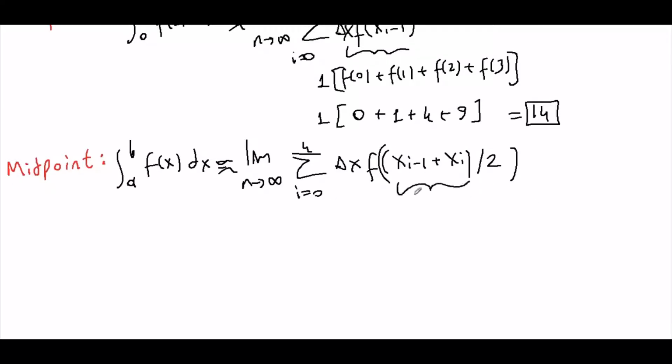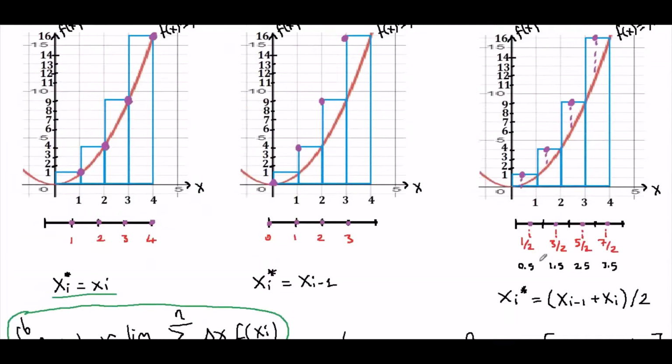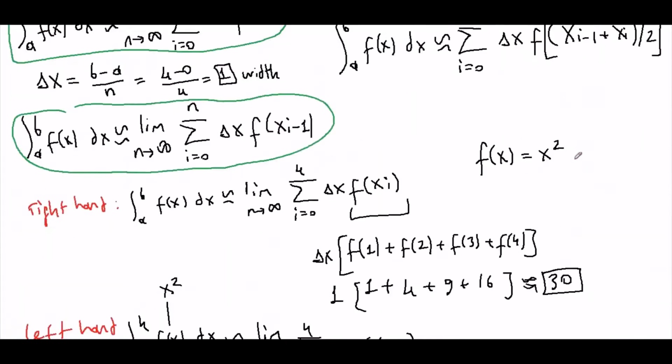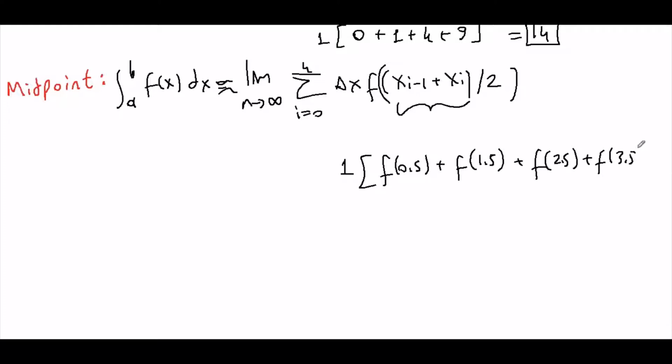And these are our midpoints, starting from 0.5, and the second midpoint is 1.5, 2.5, and 3.5. Our delta x is 1, and we need f of 0.5, f of 1.5, f of 2.5, and finally f of 3.5.